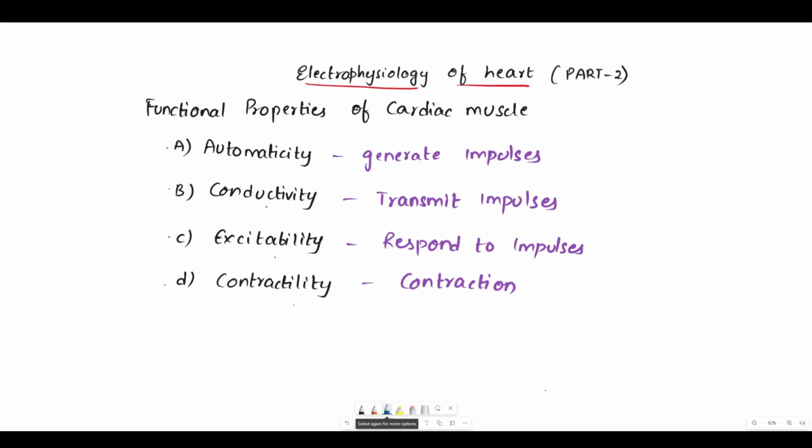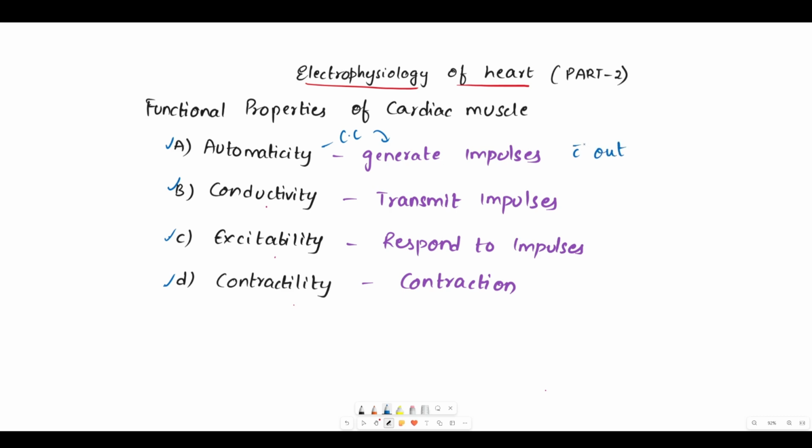Coming back to the functional properties of the cardiac muscle, there are four different properties. One is automaticity, second is conductivity, third is excitability, and fourth is contractility. Automaticity, as we discussed in the previous video, is simply the ability of the cardiac cell to generate impulses without any external stimulation.